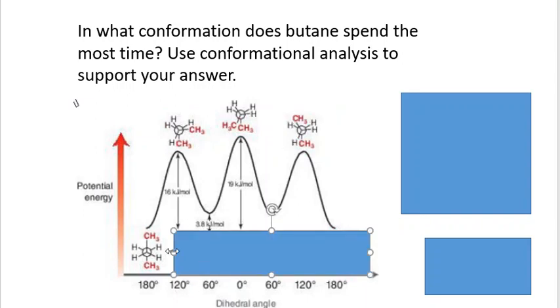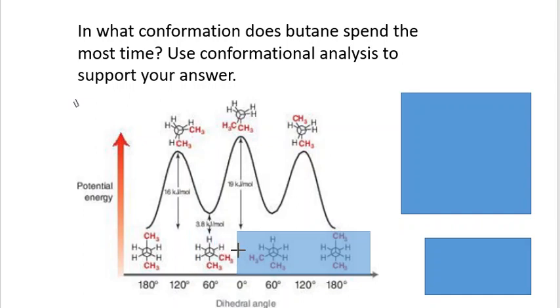And as we rotate around, again, keeping that back fixed and rotating the front methyl group clockwise, we get those gauche interactions that are a little bit higher in energy than the anti, but not nearly as high in energy as the eclipsed conformations. So there's 2 of those, and then we wind up back at the anti-conformation.